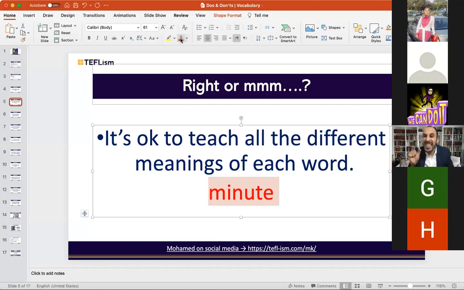Minute means tiny, very small. If you do this to your students, you distracted them, you overwhelmed them, you drove them away from the context you are developing. It came out of nowhere.